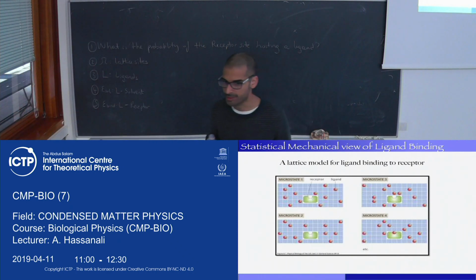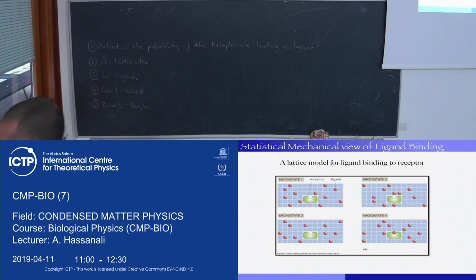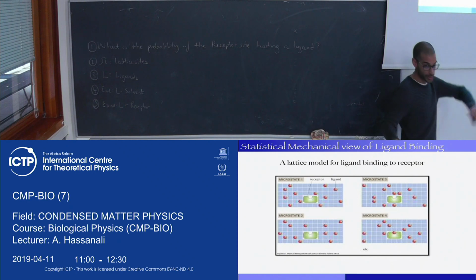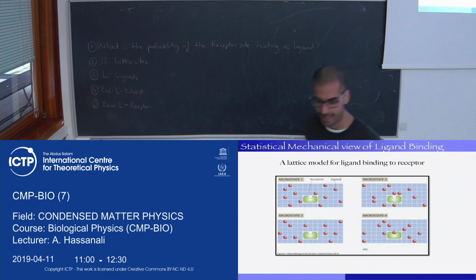One picture would be picture number 4, with a small n number of ligands. We are interested in just microstate 4, and we want to find the weight of finding microstate 4. Let's put the weight in later on.